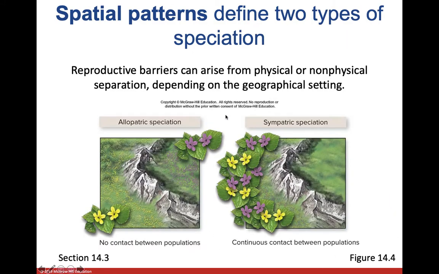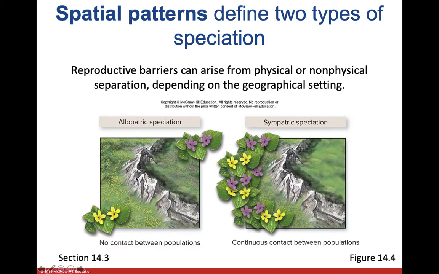Reproductive barriers can also arise from physical separation in the environment, not just from animals living in different habitats or things like that. Sometimes organisms can be separated based on where they live or environmental conditions.